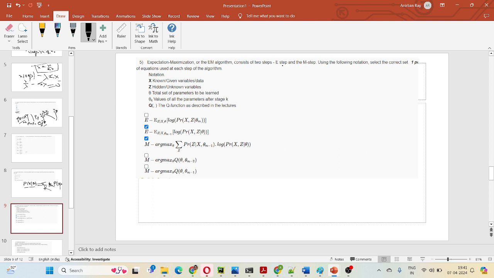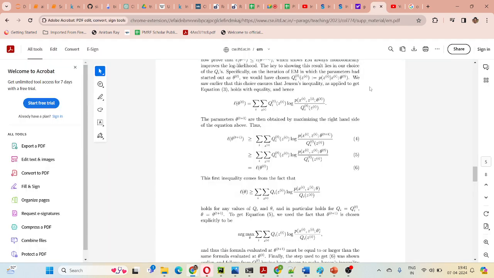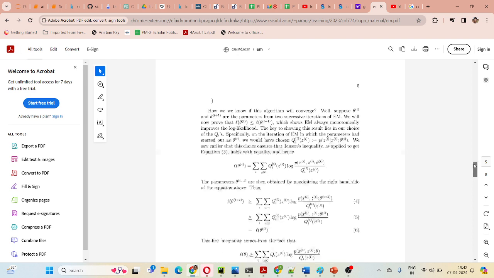As you can see, E step and M step. Okay, let me show again. We see, nice, but a little bit of understanding here.